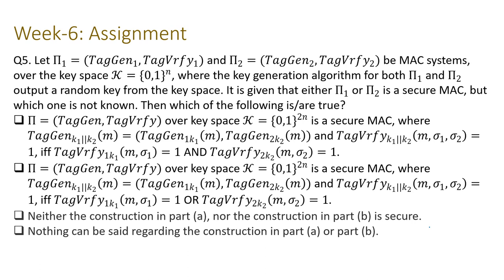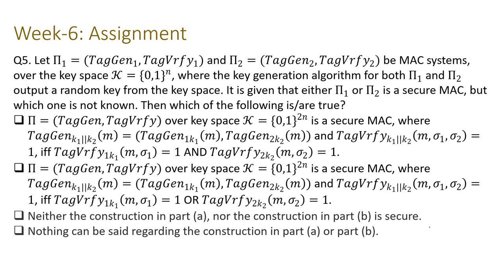Both of the MAC schemes are defined over a key space of n-bit binary strings, and the key generation algorithms for pi 1 and pi 2 output a random key from the key space. It is given that either pi 1 or pi 2 is a secure MAC, but you don't know which one. Then which of the following statements are correct?